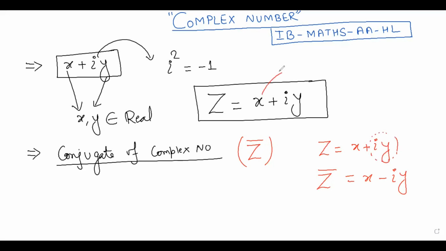This is the real part in which there is no i, and this will be called the imaginary part in which there is i. So to get the conjugate, we have to complement the sign of the imaginary part. If it is positive, make it negative. If it is negative, make it positive. So that's the conjugate.